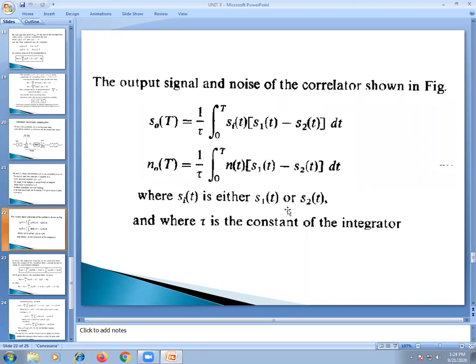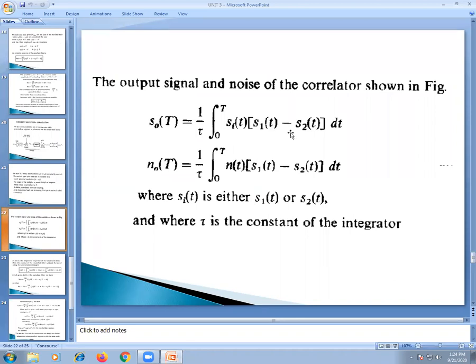S0 is the signal output, N0 is the noise output. You can see them separately. S0 of t is equal to 1 by tau, integral from 0 to T, of Si of t times S1 of t minus S2 of t. This is Si of t, the input signal, and S1 of t minus S2 of t.